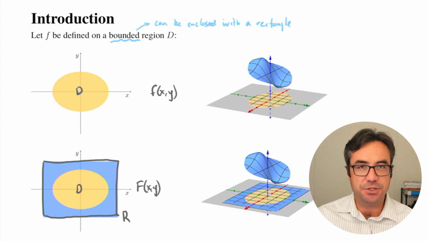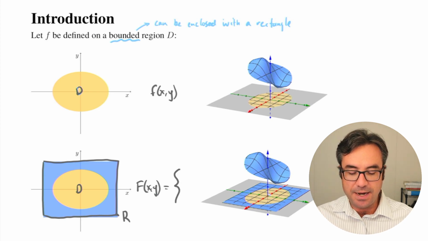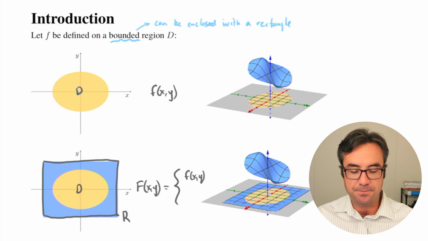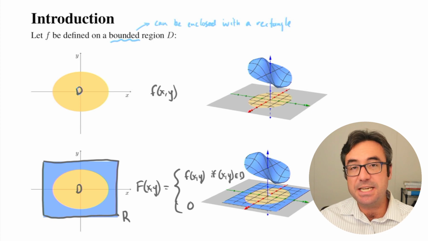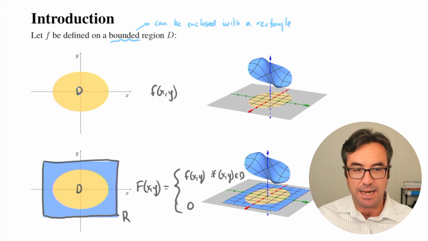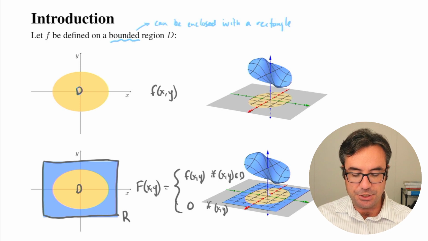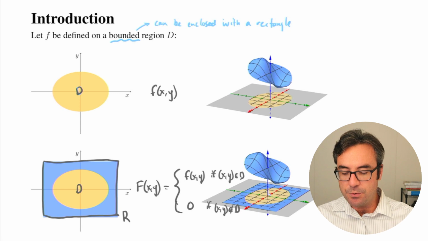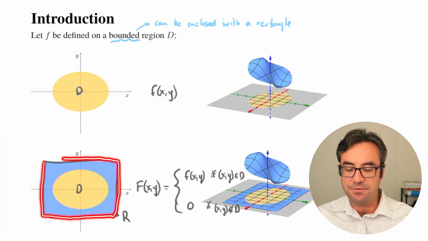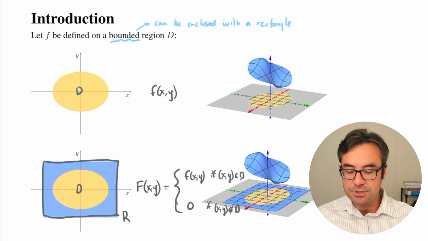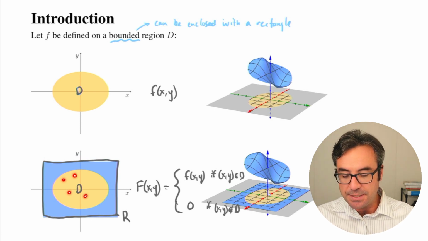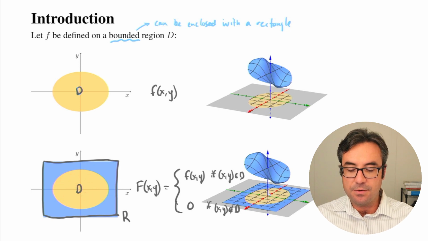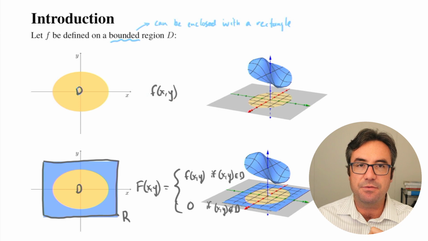This is going to be a piecewise function, and we're going to define it to be little f of xy if the point xy is inside our region D, and it's going to be defined to be 0 if our point is outside that region D. So we're defining this brand new function capital F on this rectangle R. If we pick any point inside this region D, then it shares the same value as the original function little f of xy.